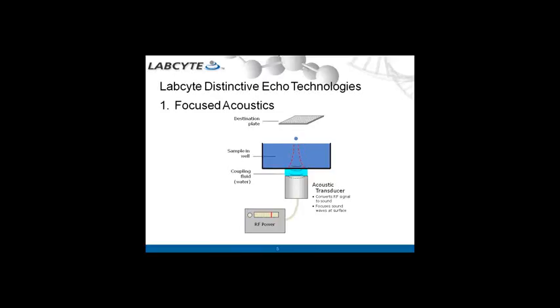There are no pipette tips, pin tools, or nozzles involved, which provides unsurpassed precision and accuracy, and eliminates contamination and carryover. The destination plate is inverted, and surface tension holds the fluid inside the well. Echo can transfer 200 to 500 drops per second. Multiple drops give large assay volume.